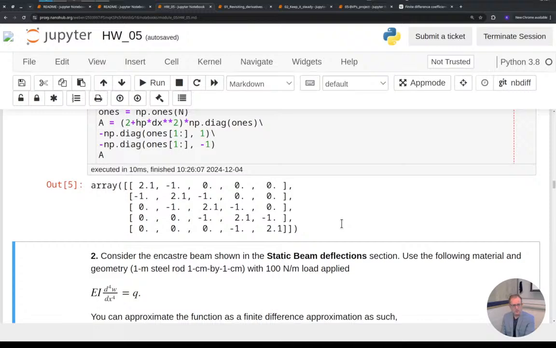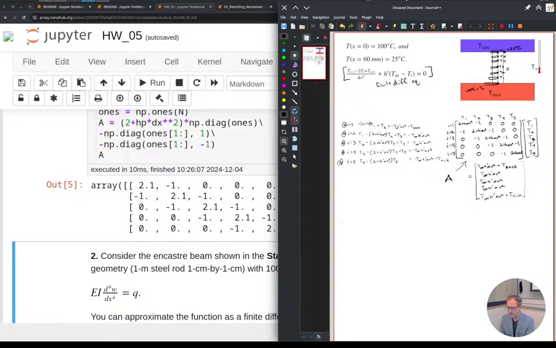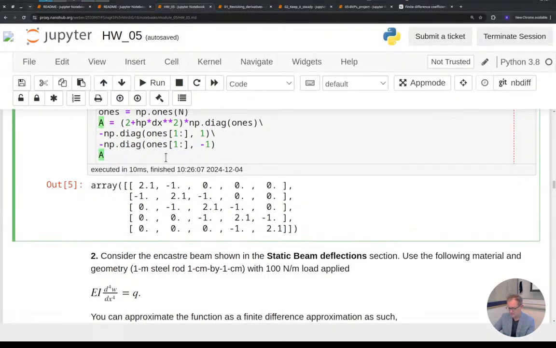It's about what we would expect from the matrix that I had set up over here, like 2 plus something times delta x squared. Delta x is like 0.005, and then that h prime is going to be right around 2. So my left-hand side matrix is all good.